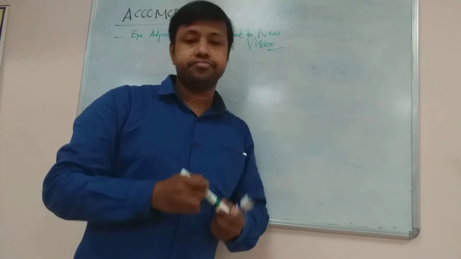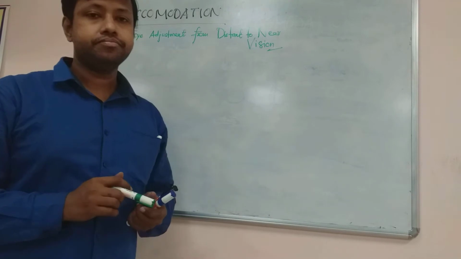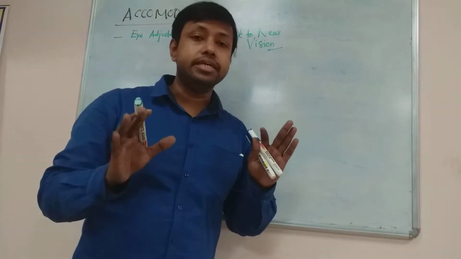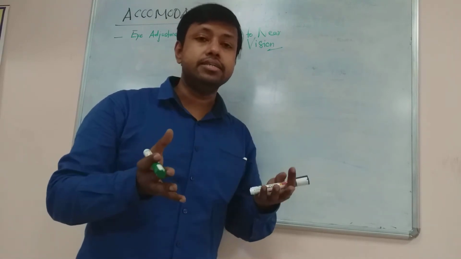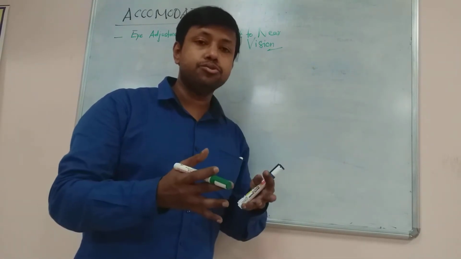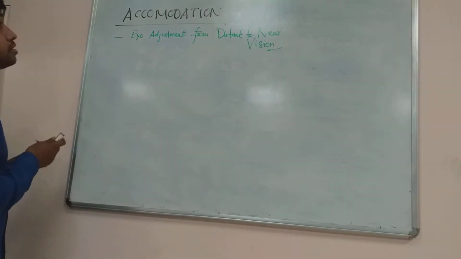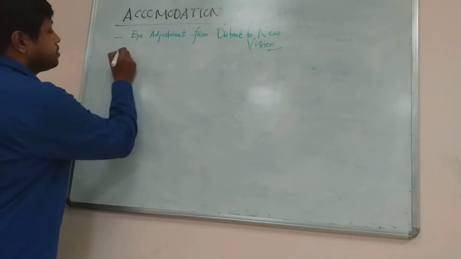So there are various types of changes that will occur. Two to three changes may occur in the eye in response to accommodation, and we have to know what the accommodation changes are.